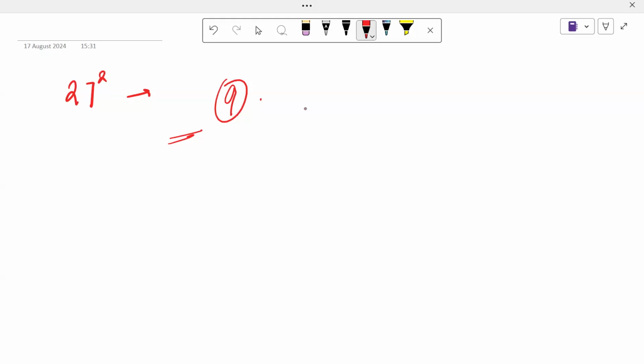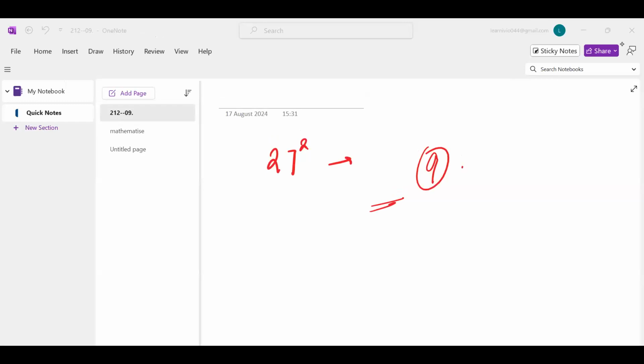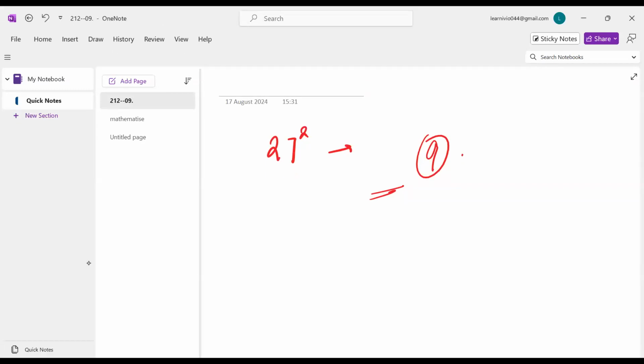So similarly, you can do such questions as well. See, the first question is 727. Just tell me what will be the last digit of 727 square? Ma'am, 9. Yeah, it will be 9. So is 9 an odd number or an even number? Odd number. Yeah, so this answer will be an odd number.